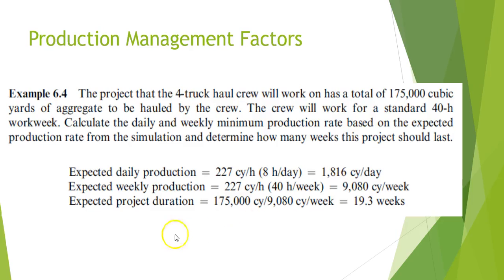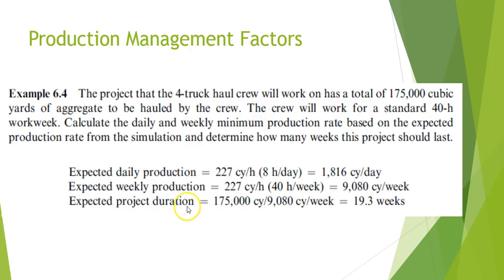So if you've got an expected hourly production of 227 cubic yards per hour, remember that's what we simulated, or altogether with an 8-hour day and 4 trucks, right? 1,816 cubic yards per day, and that gives you 9,080 cubic yards a week, right?